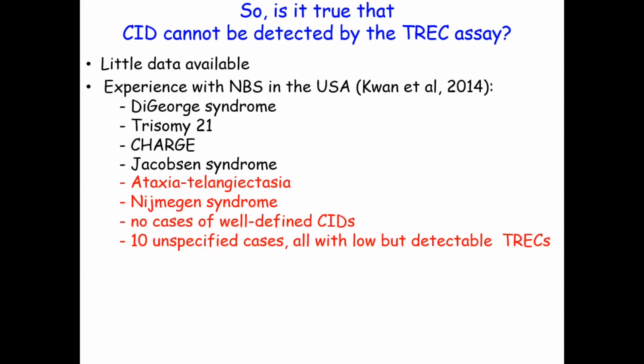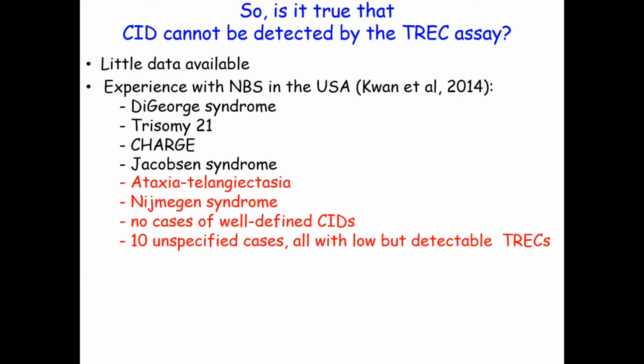We also know from a study that actually Dr. Pak was the senior investigator, there are a number of other conditions which are distinct from typical and atypical SCID that may be diagnosed with the TREC assay, and she mentioned these, some of which actually you may consider at times being variants of the combined immunodeficiency, like ataxia telangiectasia, Nijmegen syndrome. These have some immunological features that are more similar to the combined immunodeficiencies.